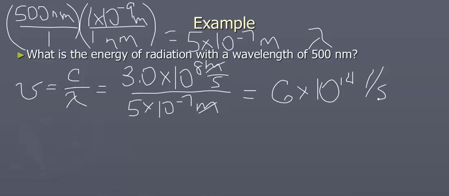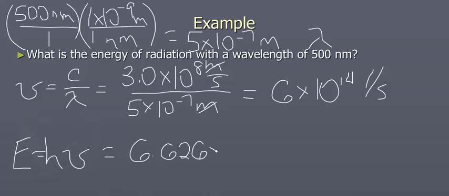And if I want to find energy, h times nu, h times frequency. So I had to use both equations here. h is 6.626 times 10 to the negative 34th joules times seconds. Frequency I just found.